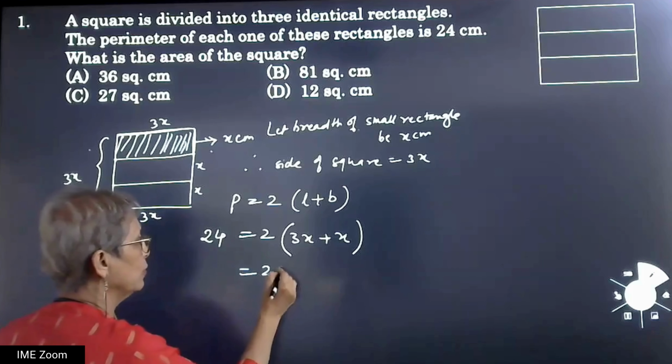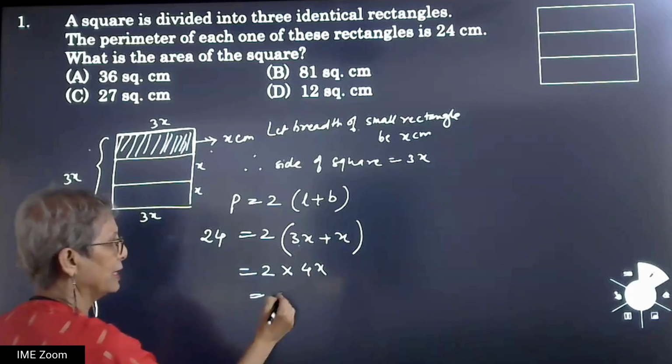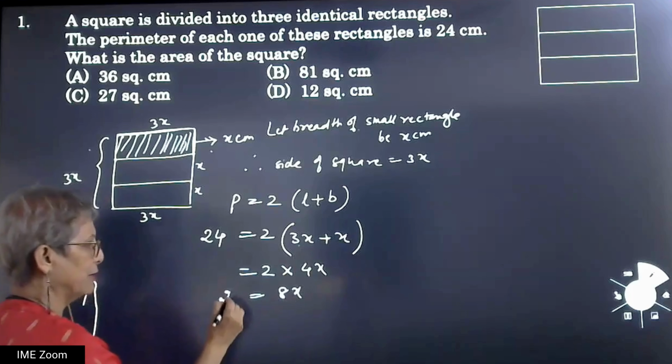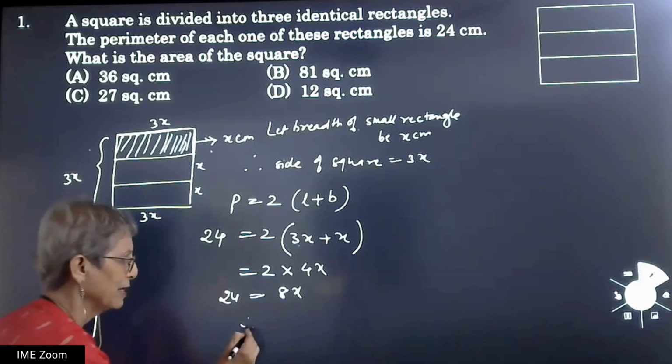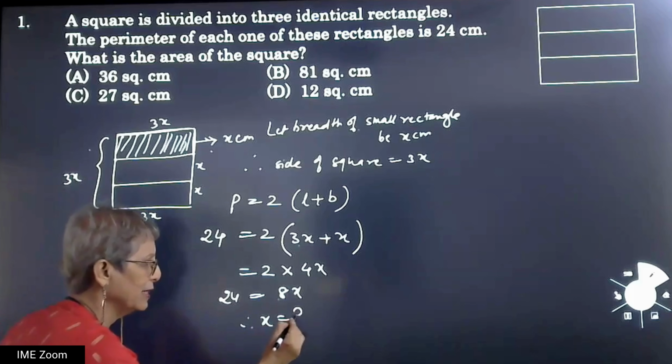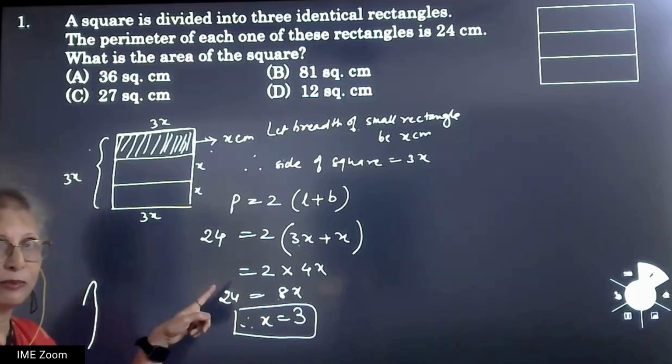So this is equal to 2 into 4x, and therefore it is 8x equal to 24. Simple. And therefore what do we get? x is equal to 24 divided by 8.